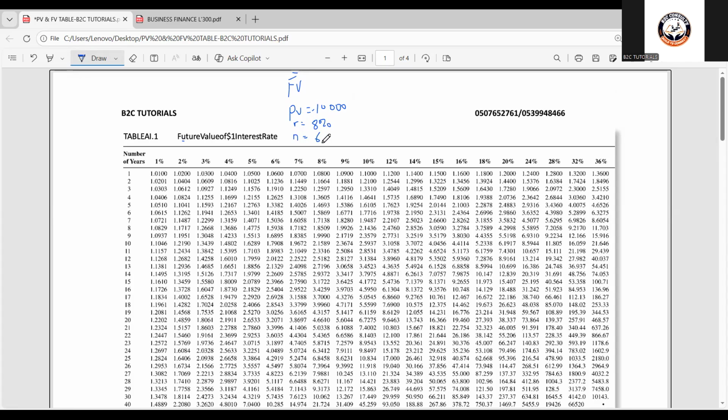This is what you do. You go to the column for 8% and trace the 6 years to the 8%. When I trace it down to the 8%, it is this figure that I find. So 1.5869 becomes what I'm going to multiply the present value by.